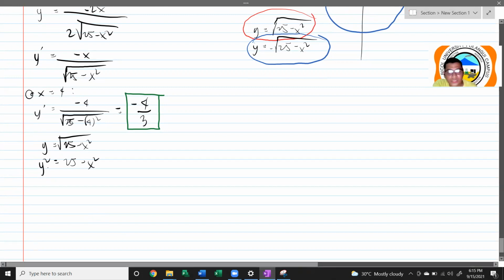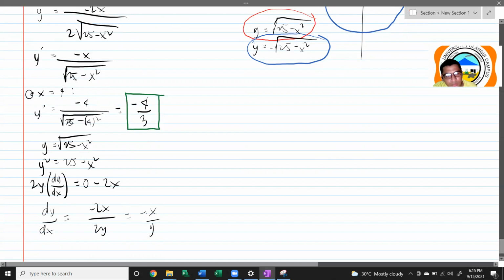But let's differentiate this one. We have 2y y prime, or if you are not yet familiar, let's denote it by dy over dx, is equal to 0 plus, since 25 is a constant, minus 2x. So our slope is equal to negative 2x over 2y, which is equal to negative x over y.